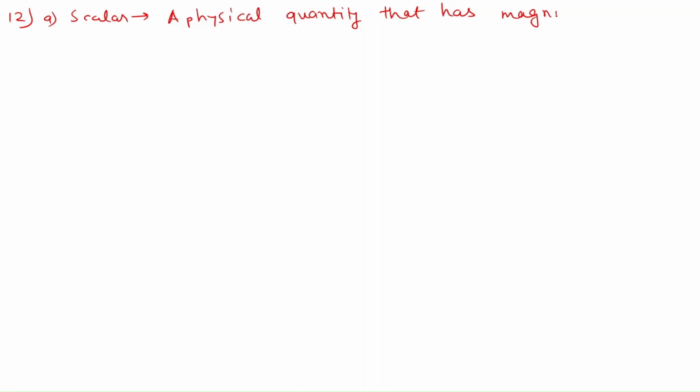Write scalar quantity: a physical quantity that has magnitude only, with no specific direction.